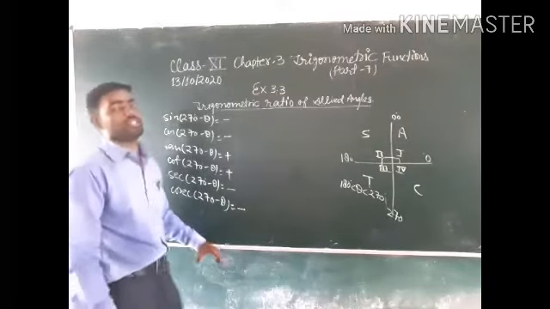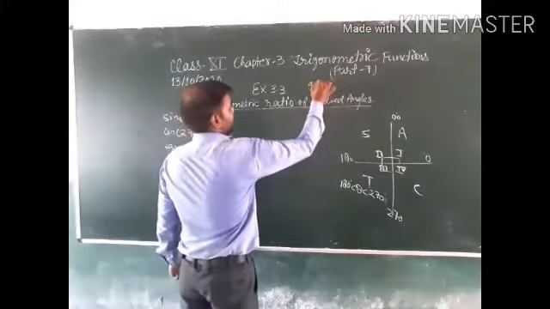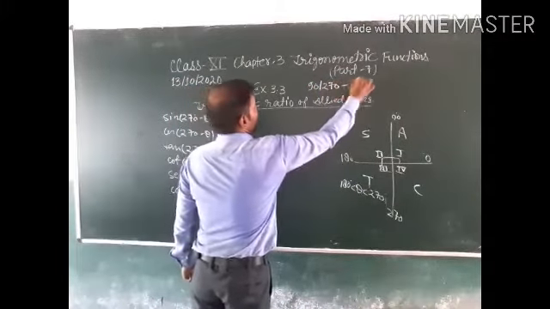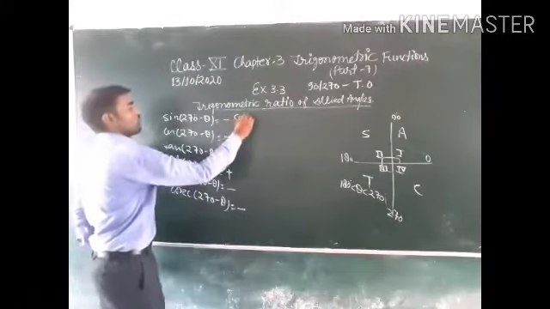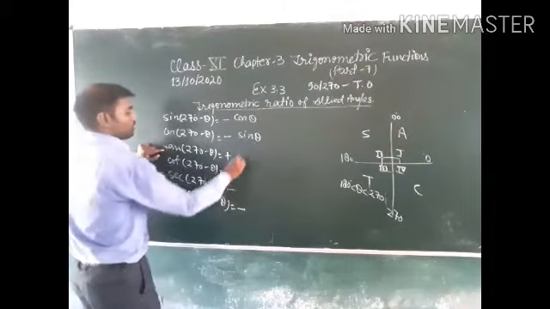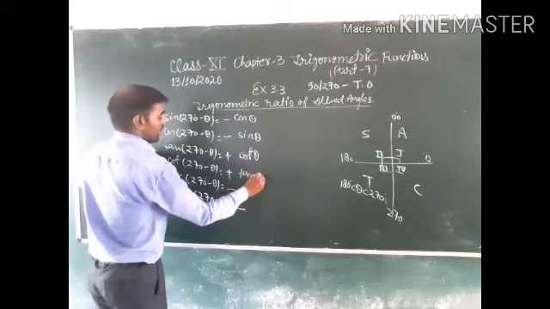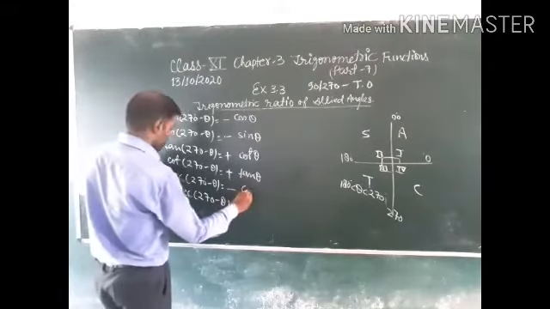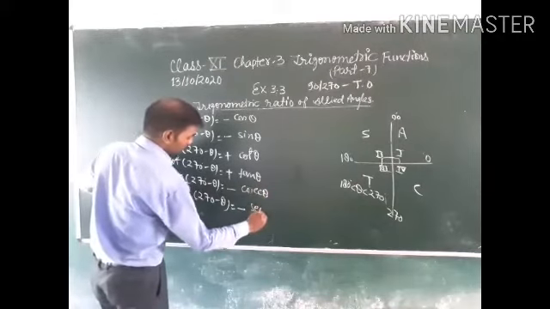Does transformation occur? With 90 and 270 degree, transformation occurs. It means sin converts to cos theta, cos converts to sin theta, tan converts to cot theta, cot converts to tan theta, sec converts to cosec theta, and cosec converts to sec theta.